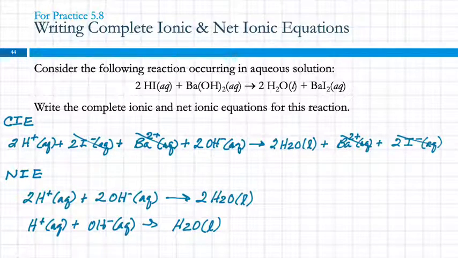Why would water be separated? Is it because it's a liquid? Because it's a liquid. Okay, so solids, liquids, and gases stay together, but aqueous is dissolved, and so that would include the soluble ionic compounds.